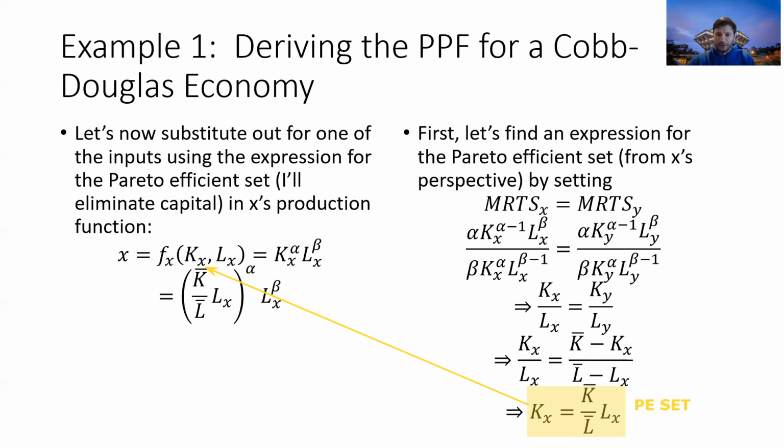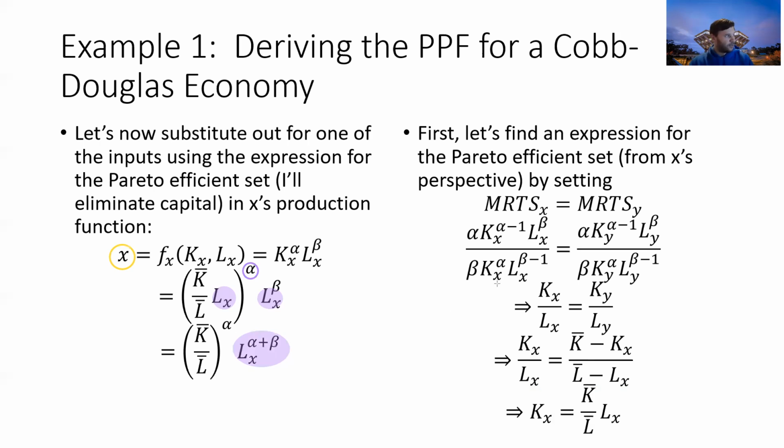And you'll notice what we'll be able to do here. We have an X on the left side of the equation. We have LX on the right side of the equation. In fact, we have 2 of them, so we'll combine those bases together in a moment. Maybe not too hard to see what is going to happen because we have this alpha exponent here. So if we combine the purple bases, then we wind up with this nice and tidy L sub X to the alpha plus beta.